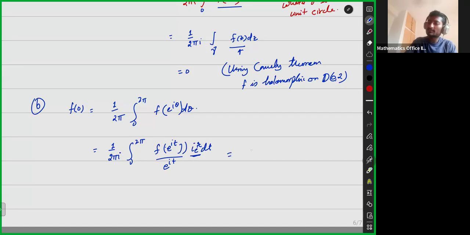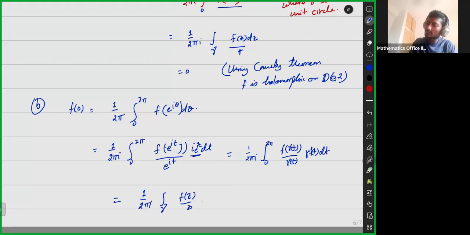So what is written here: 1 upon 2 pi i, integral 0 to 2 pi, f of gamma t by gamma t, times i e power i t, which is gamma prime. So this can be replaced by 1 upon 2 pi i, integral over gamma, f of z divided by z.